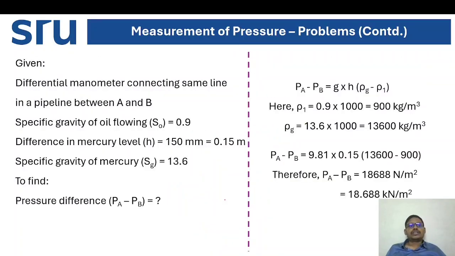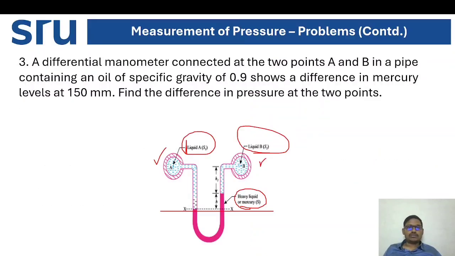Let us find. Given a differential manometer connecting the same line in a pipe between A and B, the specific gravity of oil, that is S0, equal to 0.9. So already they have told us the specific gravity of oil and of mercury also.